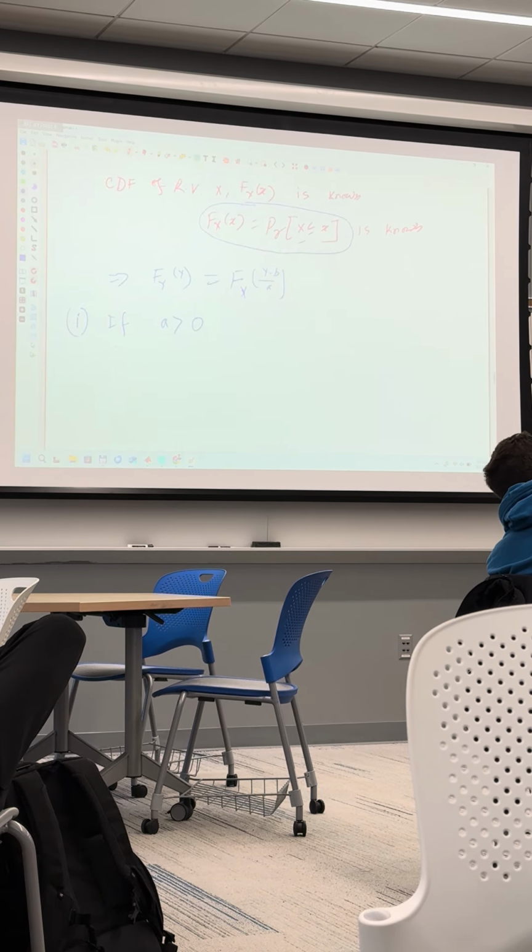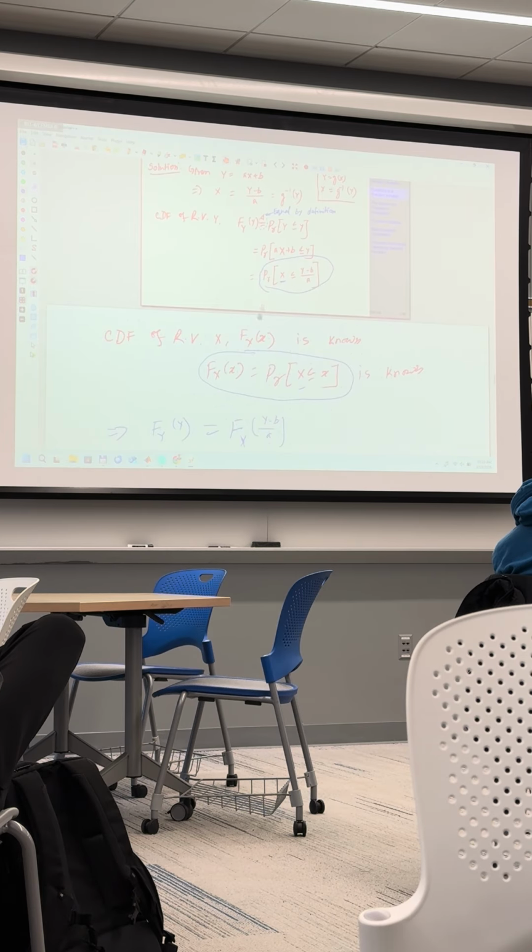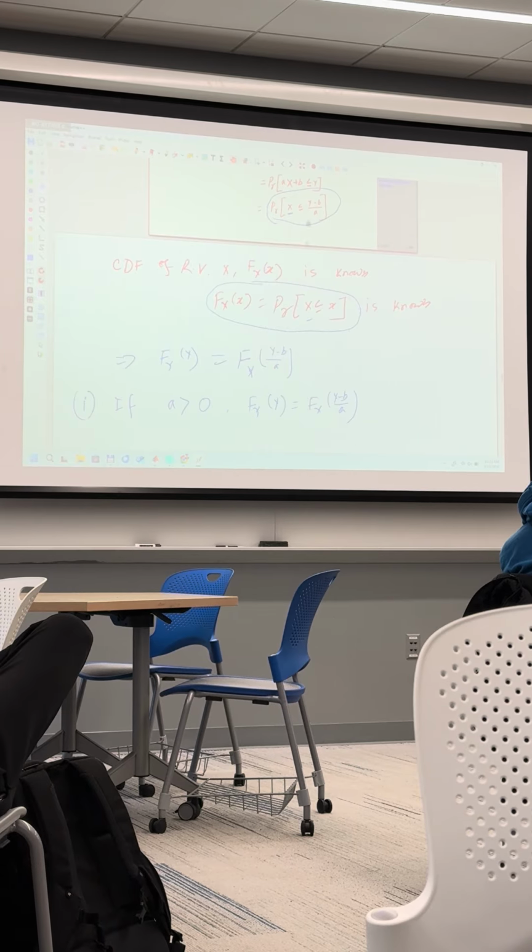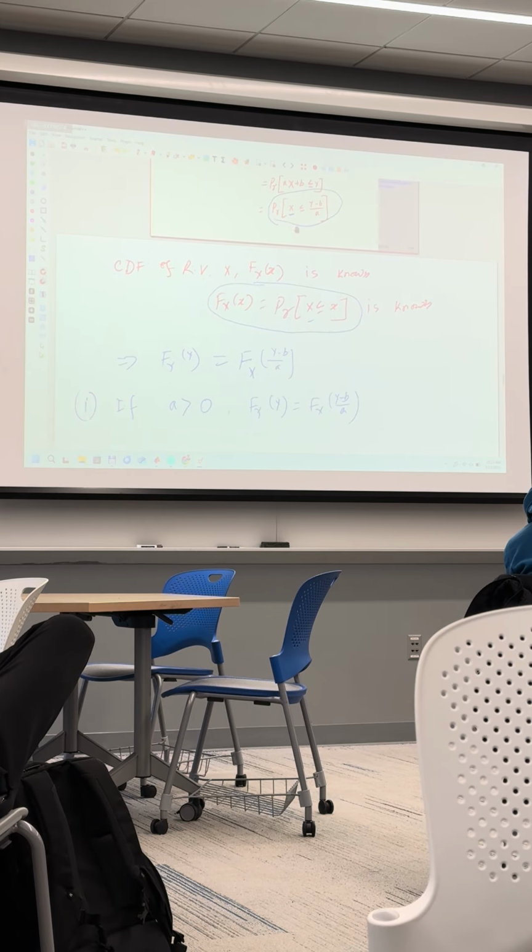If a equals 0, f sub y is simply f sub x, y minus b over a. But if a is less than 0, this inequality would be completely flipped.